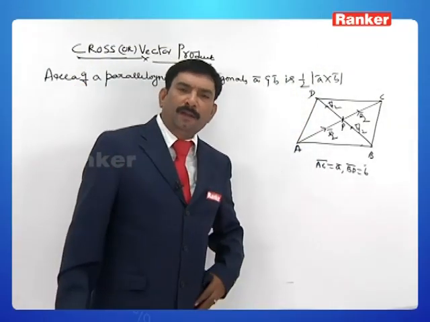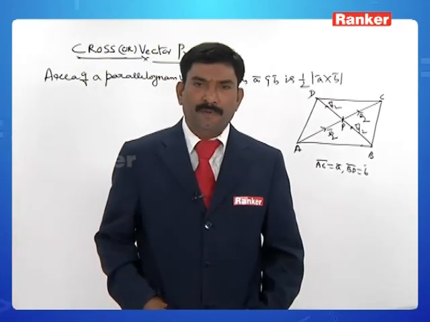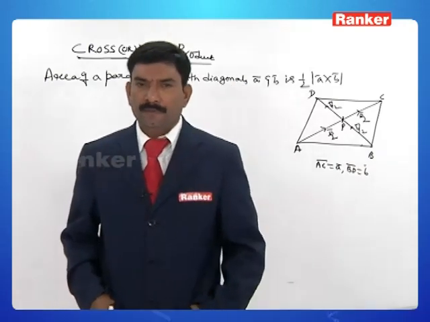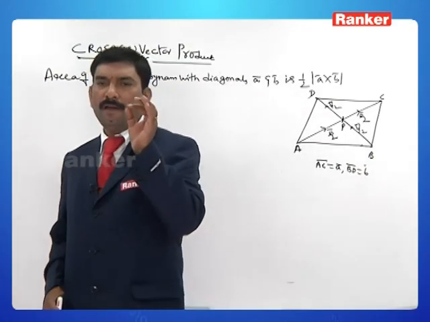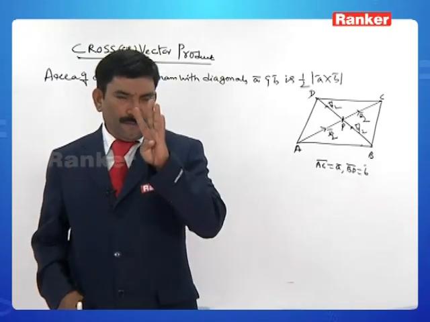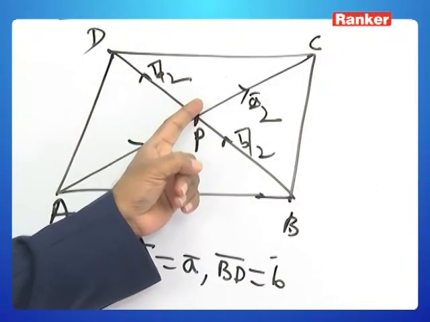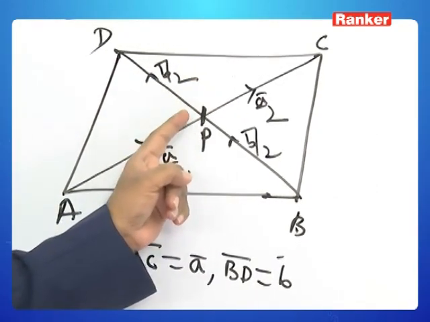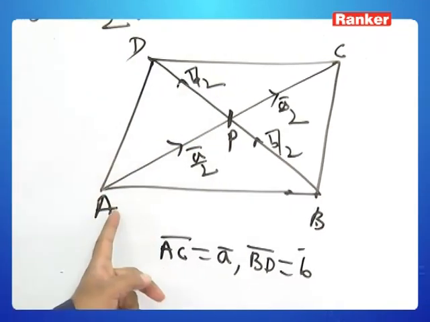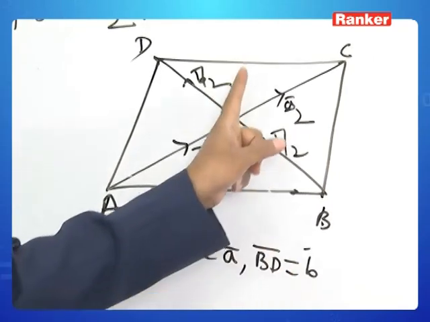By drawing two diagonals, when they meet at a point P, we have four triangles. One, CPD, next DPA, next APB, next BPC.